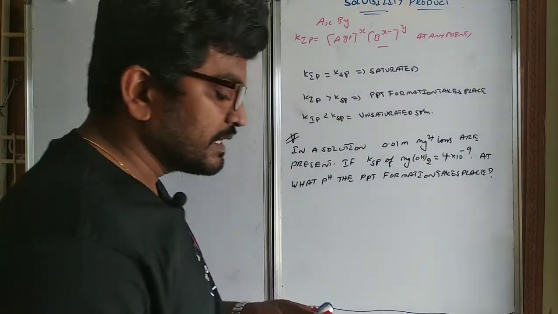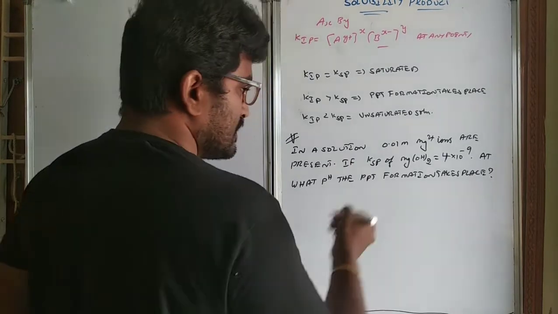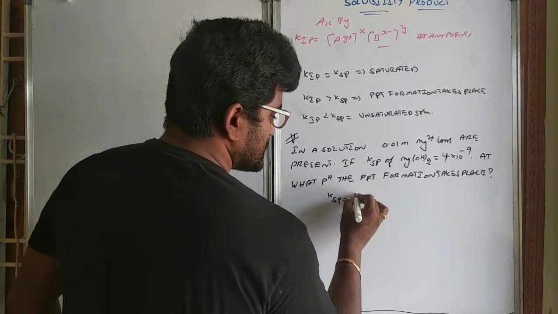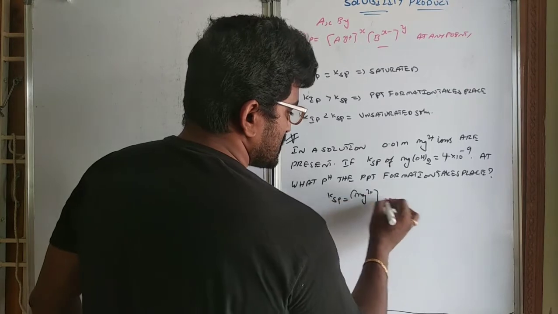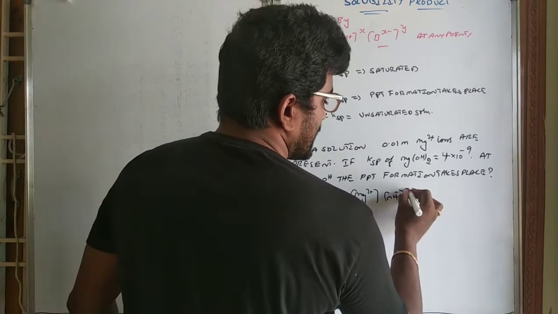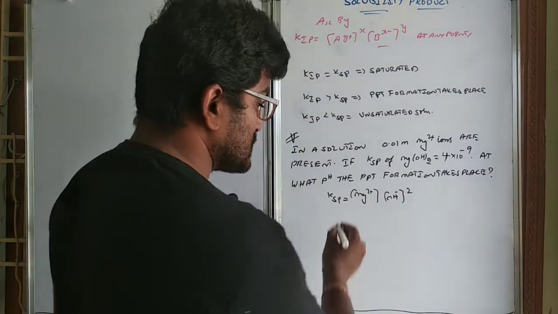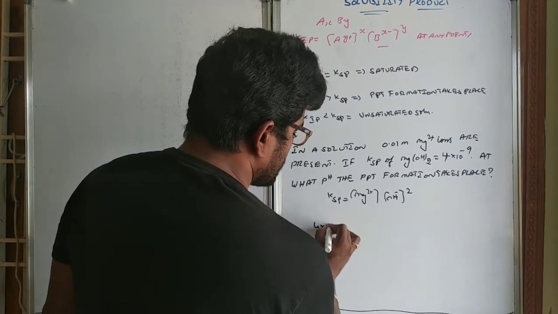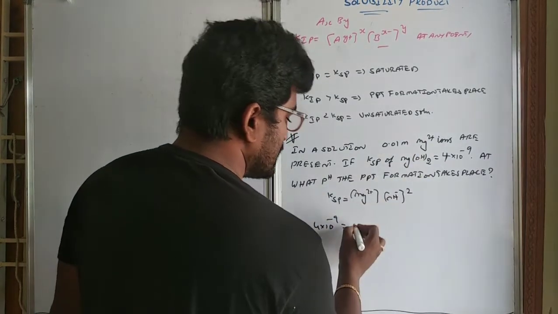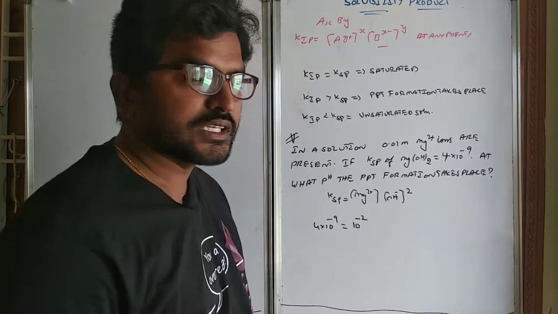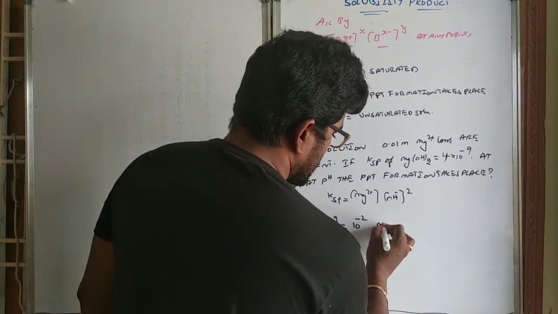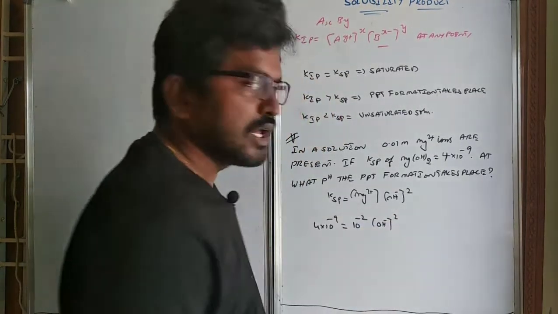This is a very important thing. You know very well, Ksp equals magnesium concentration into hydroxide concentration whole square. Ksp value is 4 into 10 power minus 9. Magnesium concentration is 10 power minus 2. Hydroxide concentration whole square.